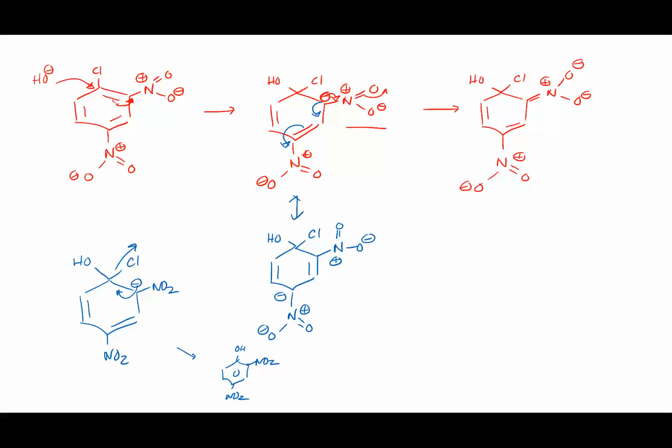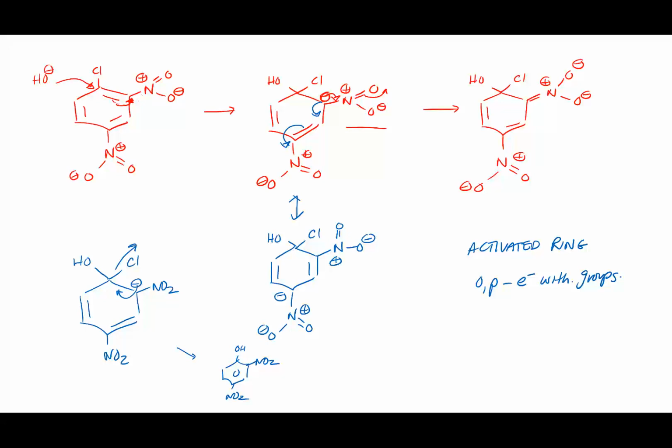So this is the mechanism for an activated ring. Activated ring means the ortho and para positions have electron withdrawing groups attached to them. So if I was to ask you to write this mechanism, I would say write the mechanism for this nucleophilic aromatic substitution, and write all four of the resonance structures of the intermediates.